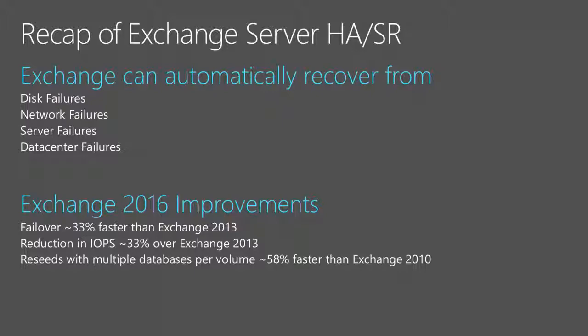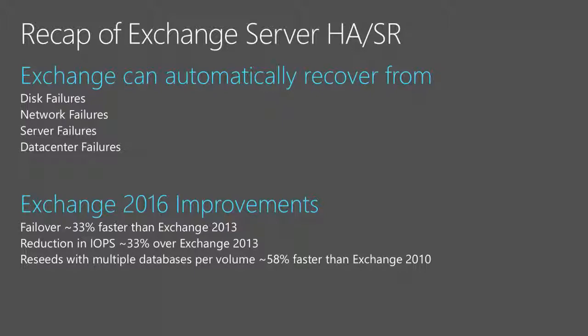Even though databases are growing larger and larger, we're still able to flip that bit and activate somewhere else very, very quickly. We also have a reduction in IOPS in Exchange 2016, but the way in which we got it is kind of tricky, and I'll explain later on. But there is, in fact, a real reduction in IOPS for users hitting an active database of about 33% over Exchange 2013.